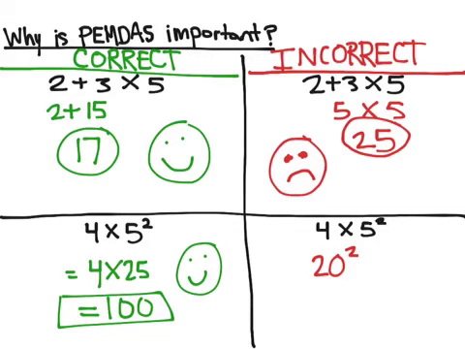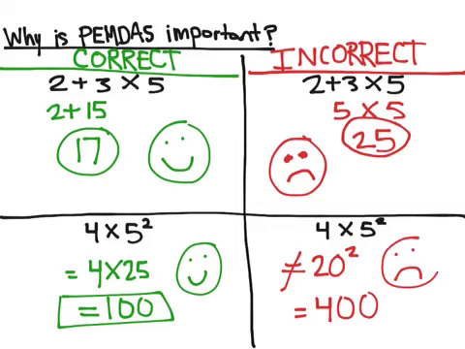Well, 20 squared is the same as 20 times 20, which would equal 400. So 20 squared is equal to 400, but 4 times 5 squared is not equal to 20 squared. So once again, that's incorrect.